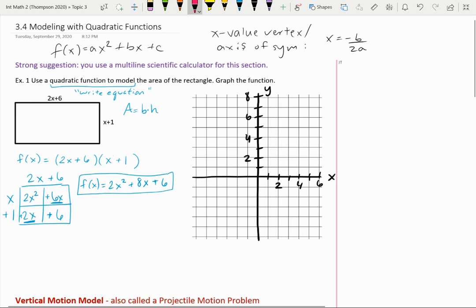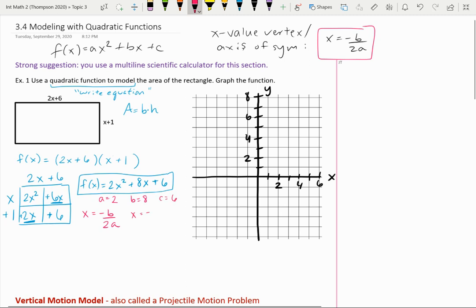The second part of this is to graph the function. Just like we did in 3.3, we're going to use this little mini equation over here, x equals negative b over 2a, to find the x coordinate of the vertex, then plug it in to find y. So that's going to be my first part, to find the vertex. I'm going to make a little key here. A is the coefficient of x squared, b is the coefficient of x, c is the constant.